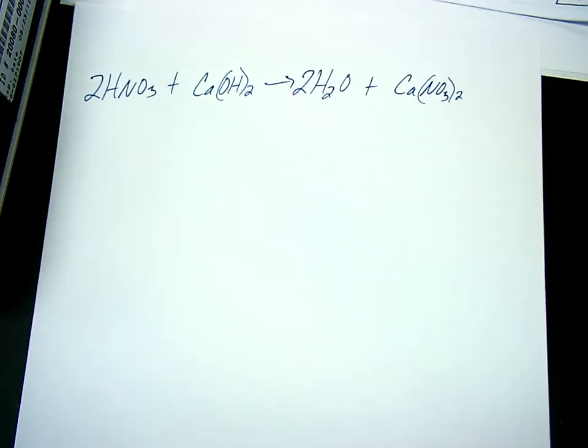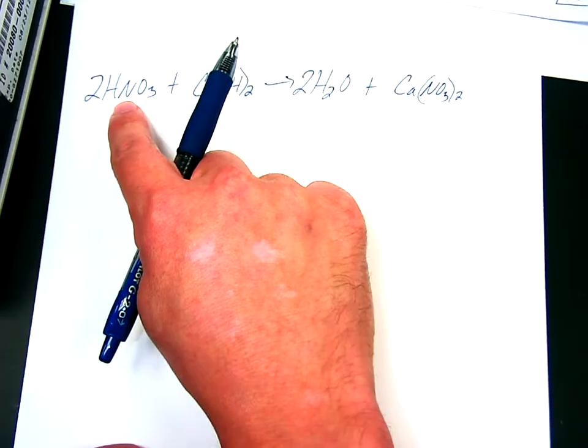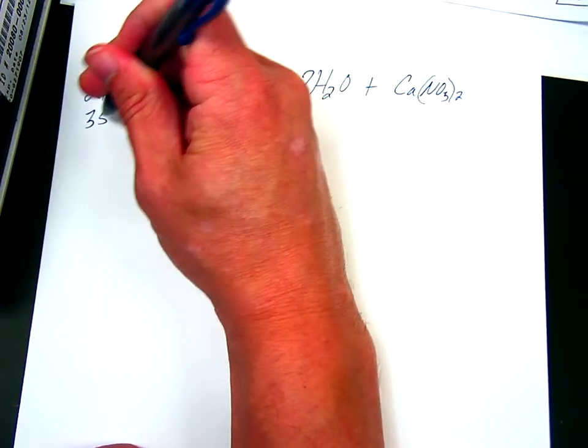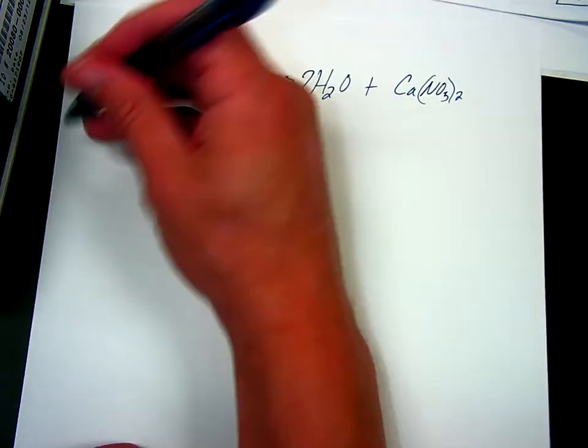The information that it gives me first describes the nitric acid. It lets me know that the nitric acid exists at 35 milliliters, and that is at 0.05 molar.